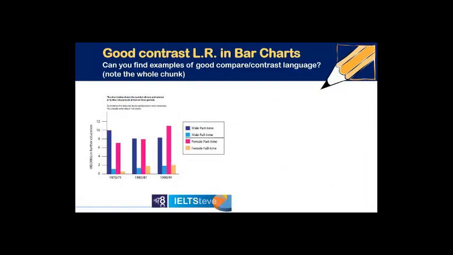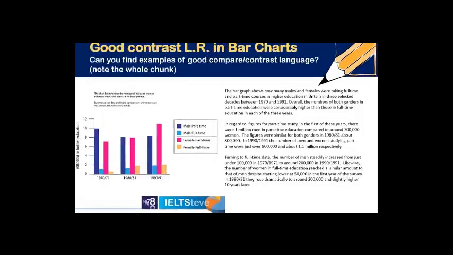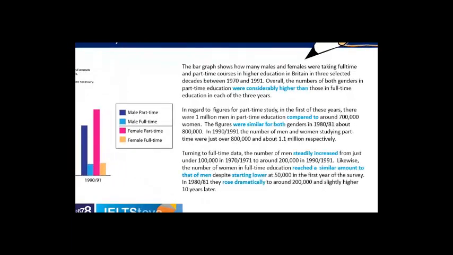Now, if we move on to bar charts, we're going to look at how this candidate uses good comparing and contrasting language. So have a look at the words here, and not just one word. There are good chunks that they use. You see them coming up in the blue here: were considerably higher than, compared to, were similar for both.